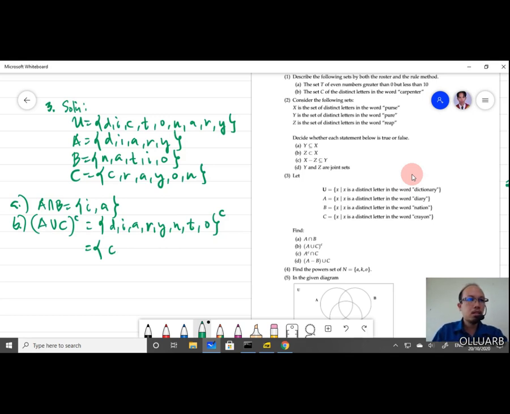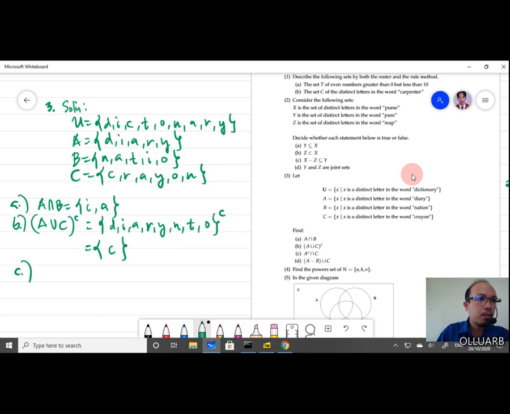So we have only one element, C, T. Okay, so that's for letter B.